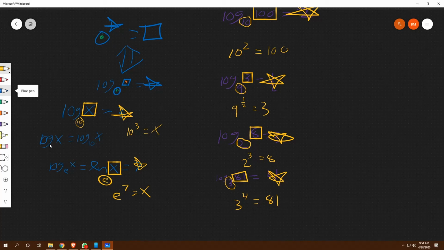If it's just log, it's automatically 10. Otherwise, it will be written. Up here, we hadn't talked about it yet, so I had log base 10. Here, I would not need to write the 10. I could get rid of it and just write log of 100 equals 2, because that would be the common log.